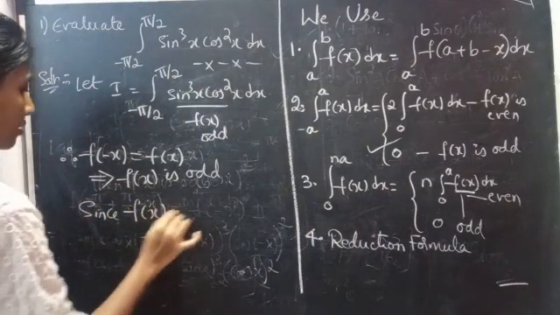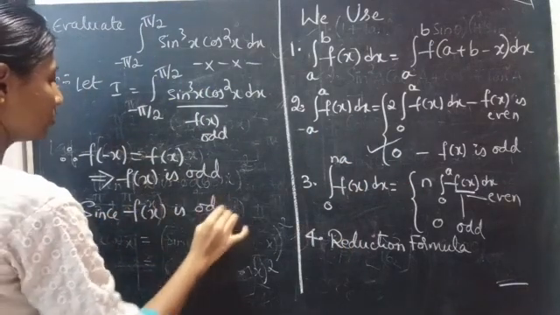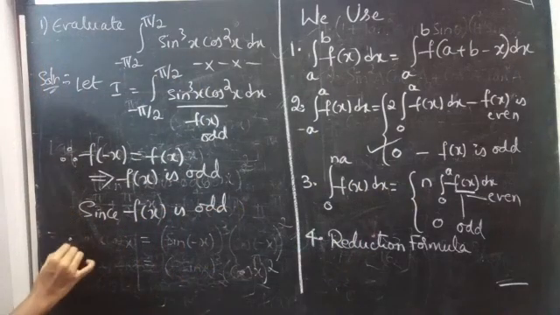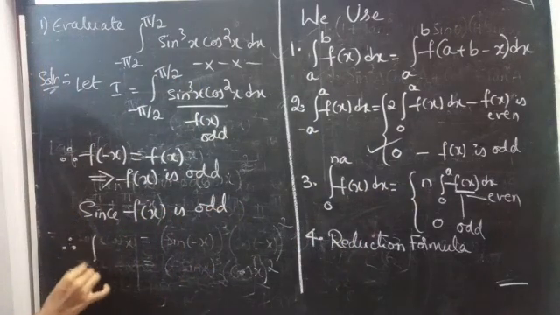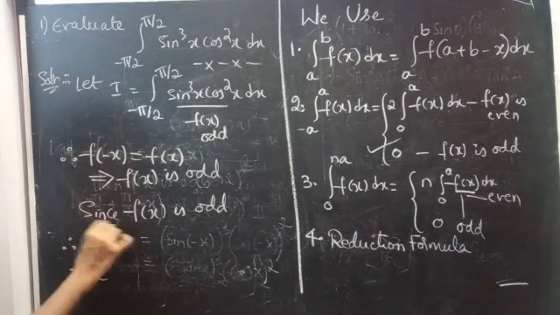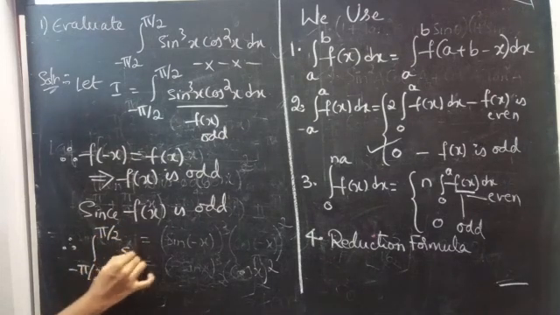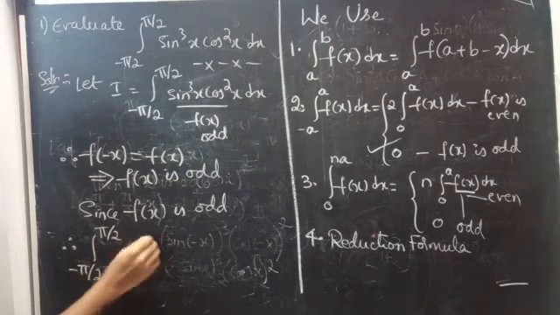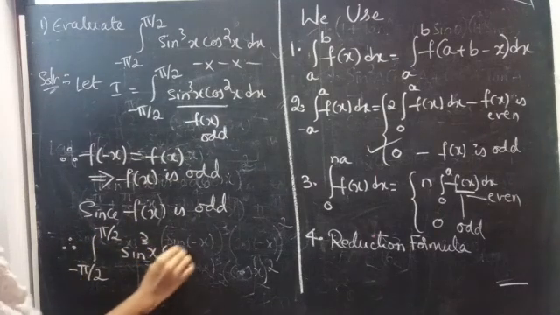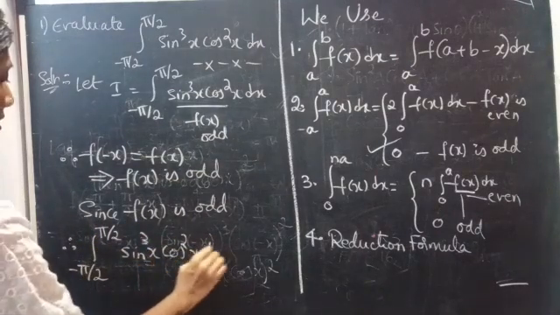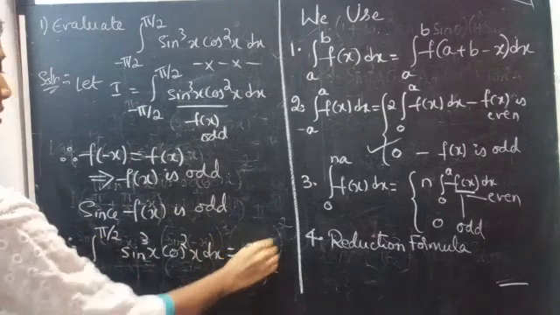Therefore, integral from minus pi by 2 to pi by 2 of sin cube x into cos square x dx equals 0.